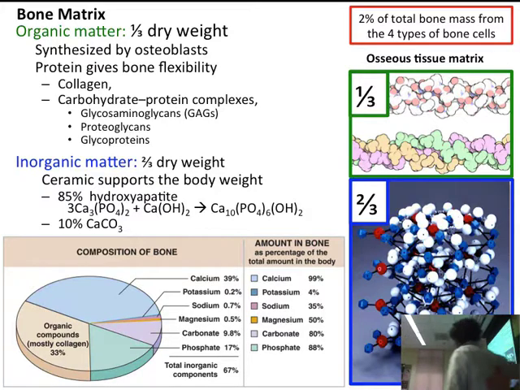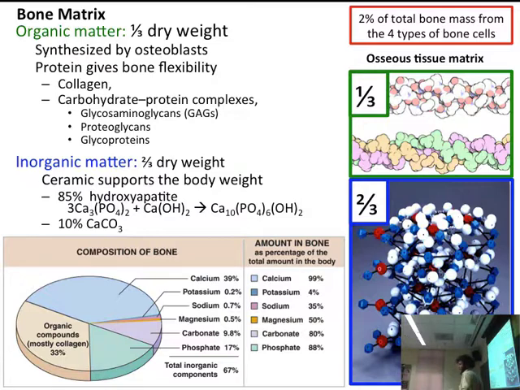Approximately a third of the dry weight of bone is organic. That's made out of proteins like collagen, various glycoproteins, such as the glycosaminoglycans, the GAGs, the proteoglycans, whatever. So here is some collagen fiber. And then two thirds of it is basically ceramic.